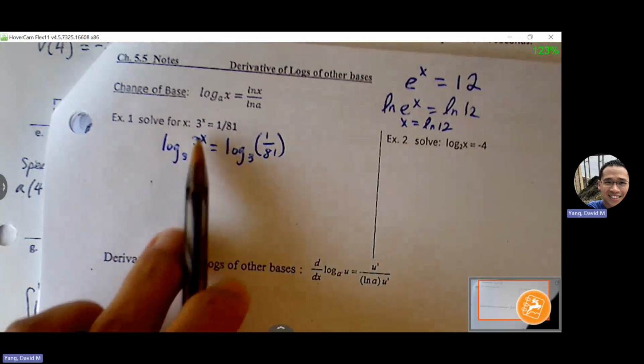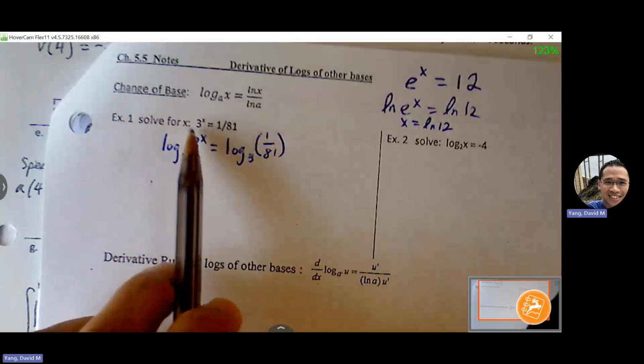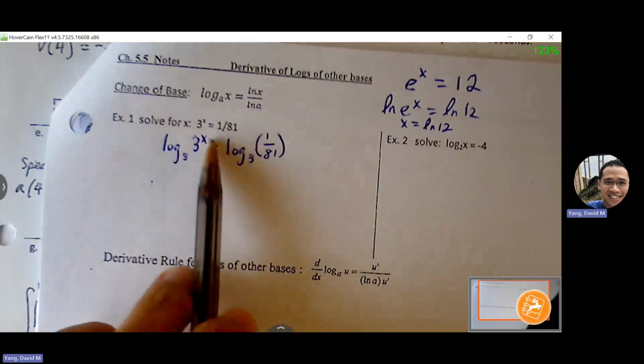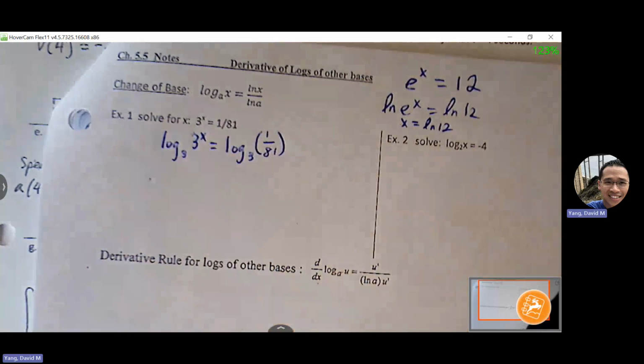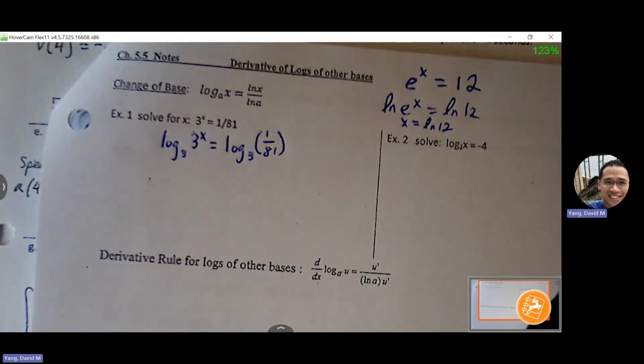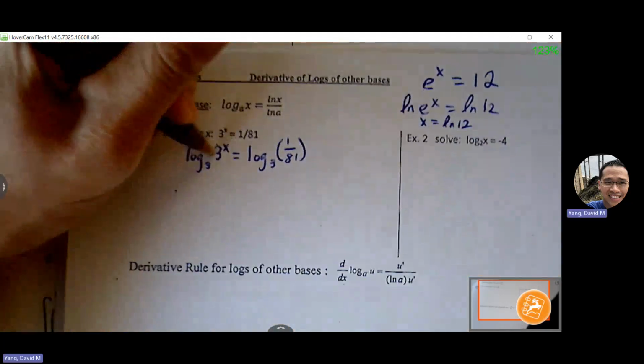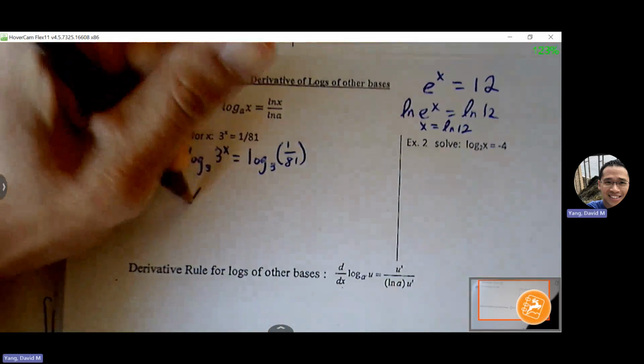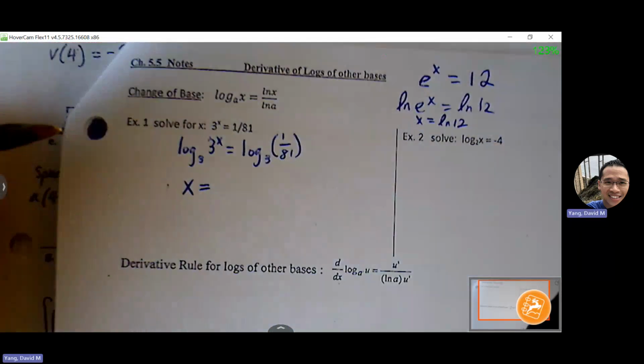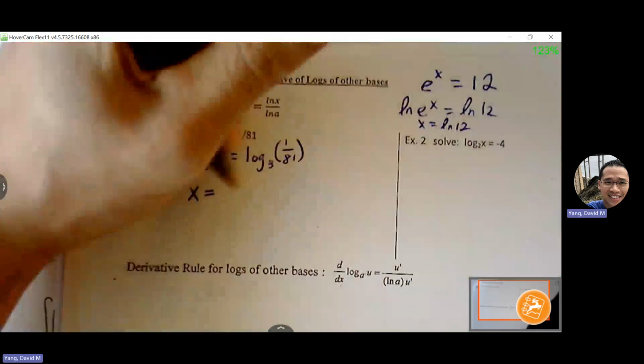They both share the same base. I can also bring the x down as well. The x can come down because log properties extend to all logs, not just base e. So if that x comes down, the log base 3 and 3 will cancel out. I'm just left with x equals log base 3 of 1 over 81.